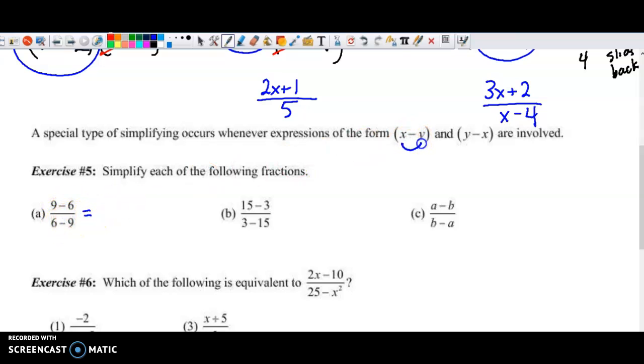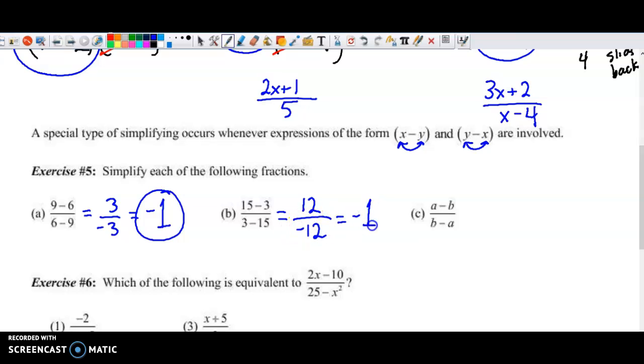So they switch the order around. x minus y, y minus x. But think about it. 9 minus 6 would be 3. 6 minus 9 is the negative of that. And something divided by the negative option would be negative 1. Let's see if that keeps working.